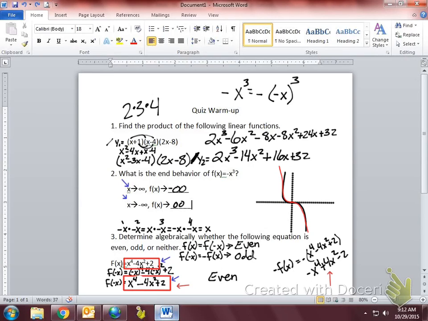So this right here is going to end up being negative x cubed, right? So what is negative times negative x? But don't worry too much about that. All right.